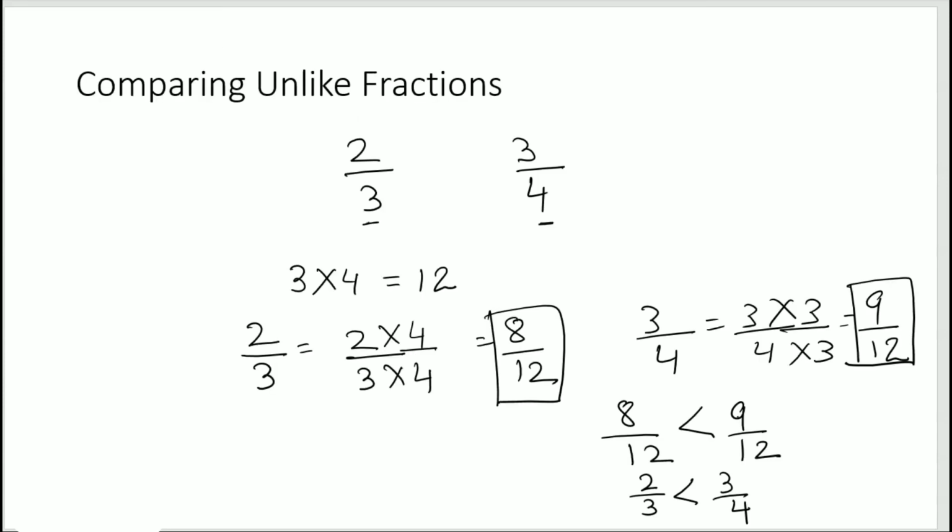Let's do one more example. 5 over 6 and 13 over 15. So here again we have different denominators, different numerators. So we need to convert them into like fractions first. What we did previously, we multiplied 3 and 4 and we got 12.